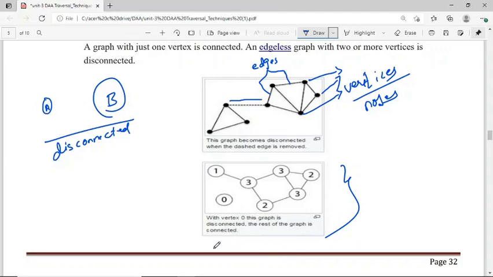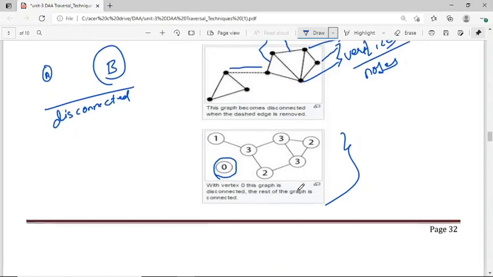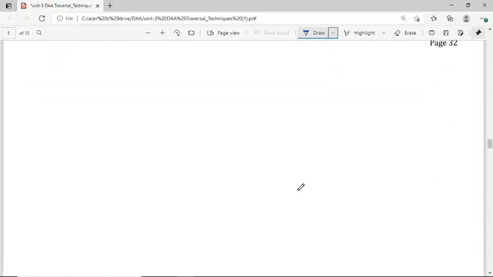The rest of the graph is connected. So this 0 is disconnected, and all the others, 1, 2, 3, are connected. When all the vertices are connected with links, that is, edges, then it becomes a connected graph. I hope you understand the connected graph.